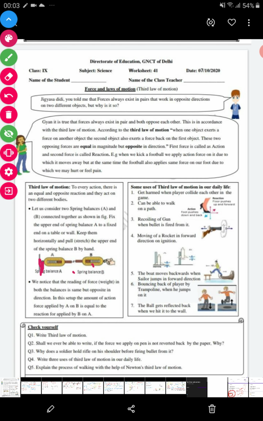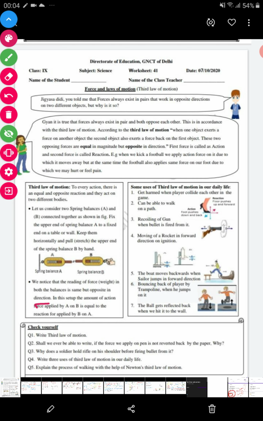And when we pull spring balance B by hand, we notice that the reading of force in both the balances is the same. As this is attached to this and force is applied to this, by stretching this the force is applied in this direction, but the reading of the force remains the same in both opposite directions.